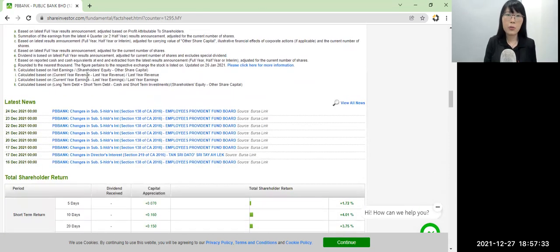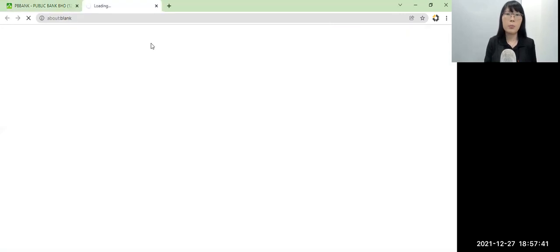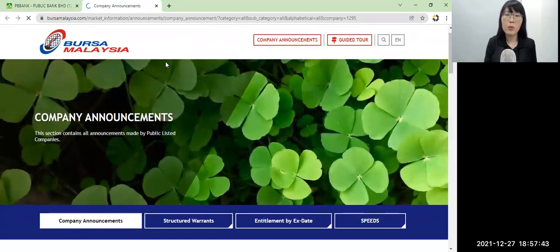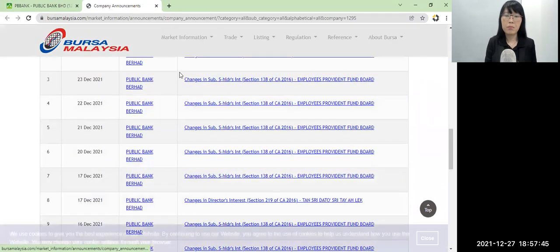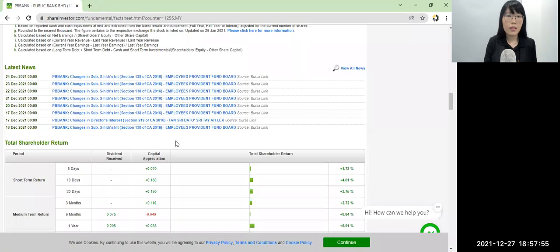Then when you scroll down, this is the latest news. If you click on this latest news, it will link you to the Bursa Malaysia company announcements website. Okay. So you can find the Public Bank announcements here. And then the next one is the total shareholder return.